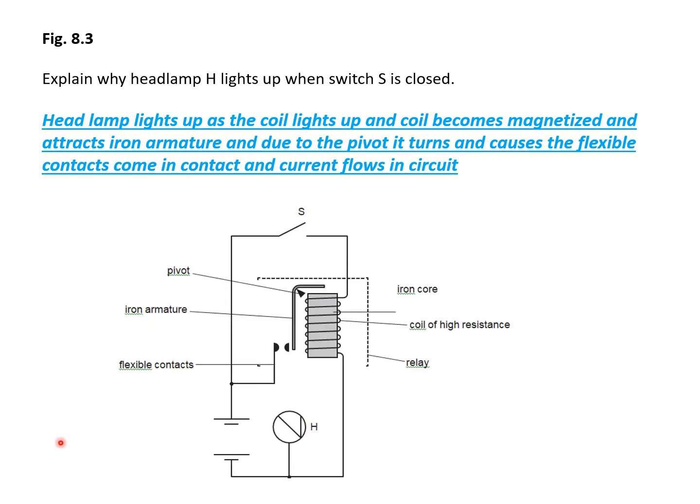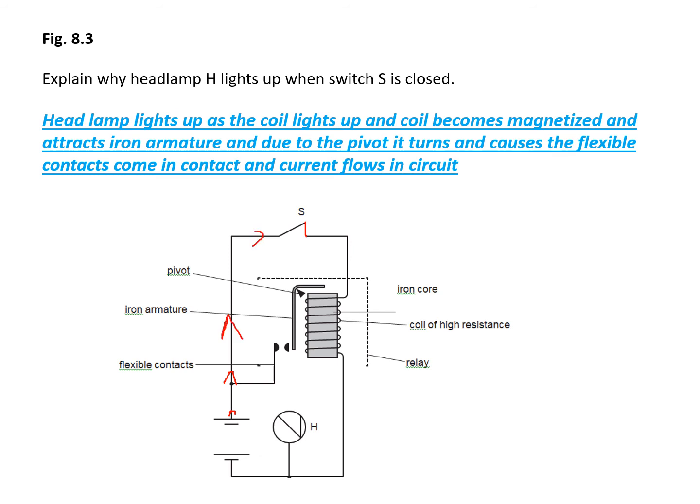As you can notice over here, this is the switch when it's turned on. Look over here, the positive side is over here, current starts flowing from here, goes over here, comes here, goes to the switch.